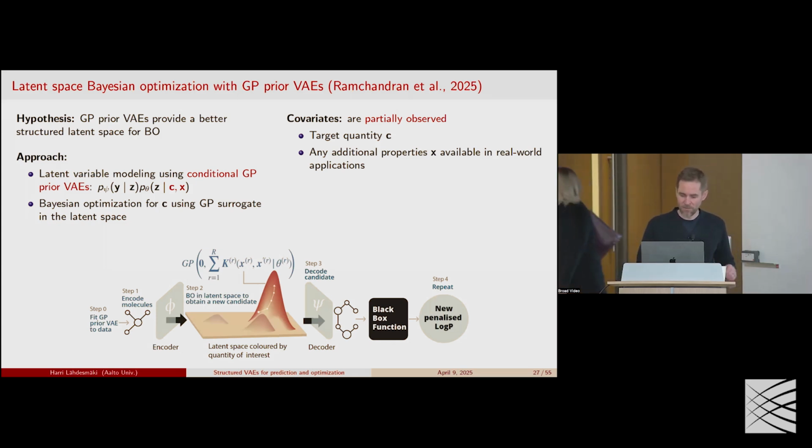And the hope is that now the latent space is automatically shaped according to these predictor variables C and X. And then hopefully it makes it easier to predict the X or optimize the C once the latent landscape is shaped in a hopefully optimal way.